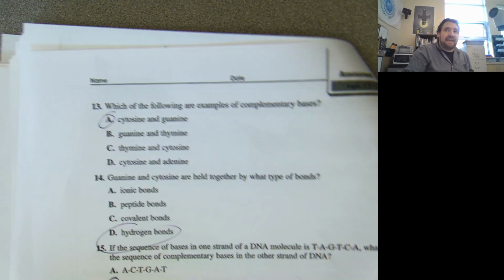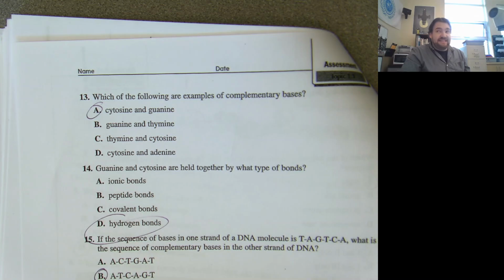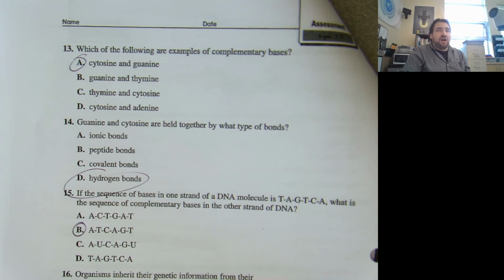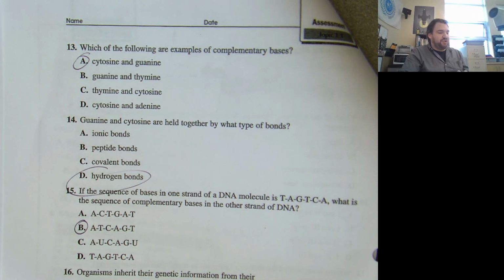Okay, flip the page, number 13. 13 is A. 14 is D. 15 is B. Comments, questions, concerns on any of those three? No. 16 is... All of you should be able to answer 16 correctly.